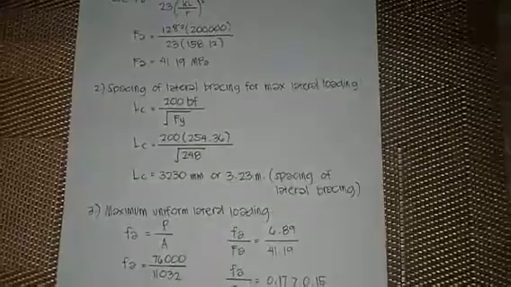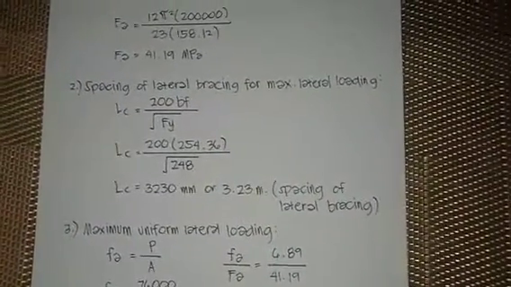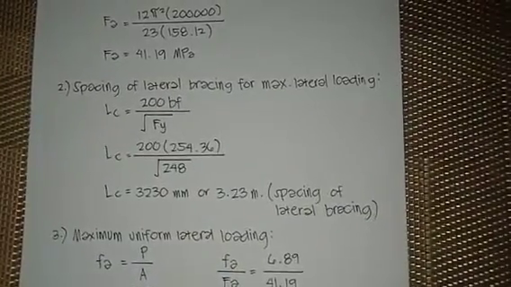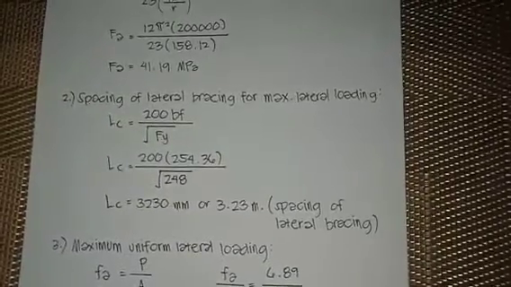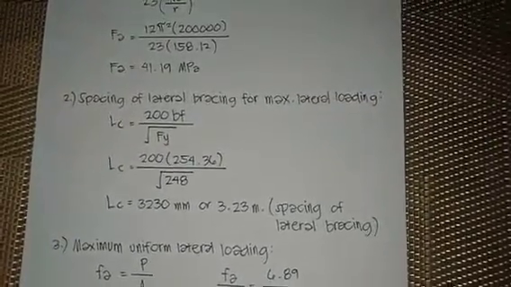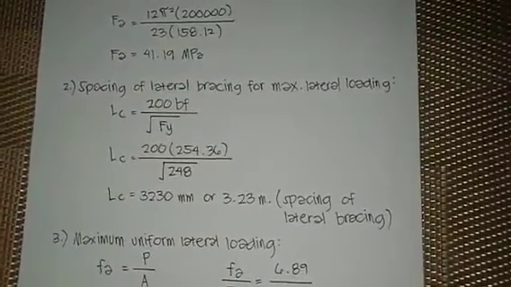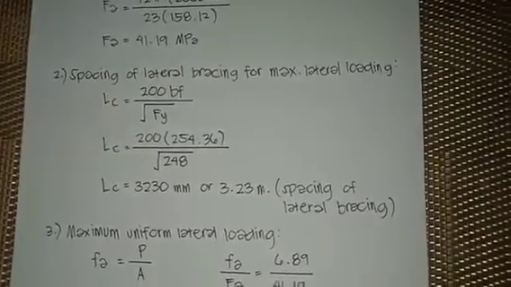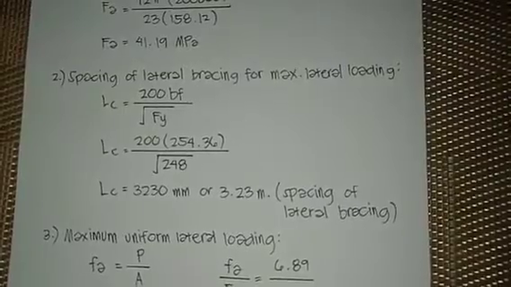Then, for the second thing to find, which is the spacing of lateral bracing for maximum lateral loading. The formula is Lc is equal to 200 times bf over the square root of Fy.